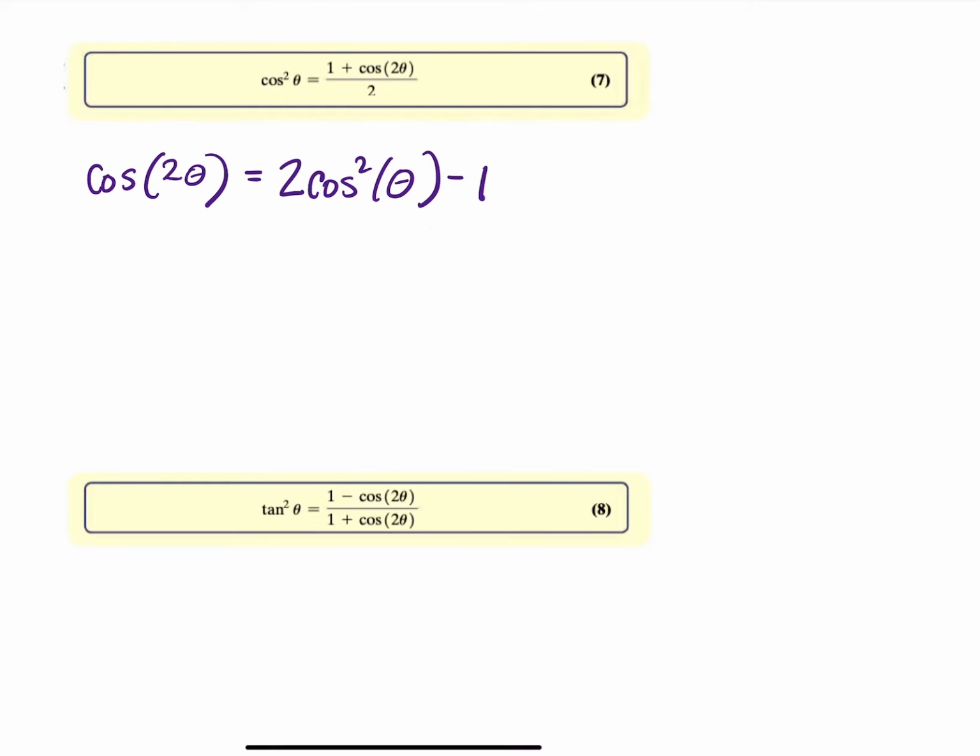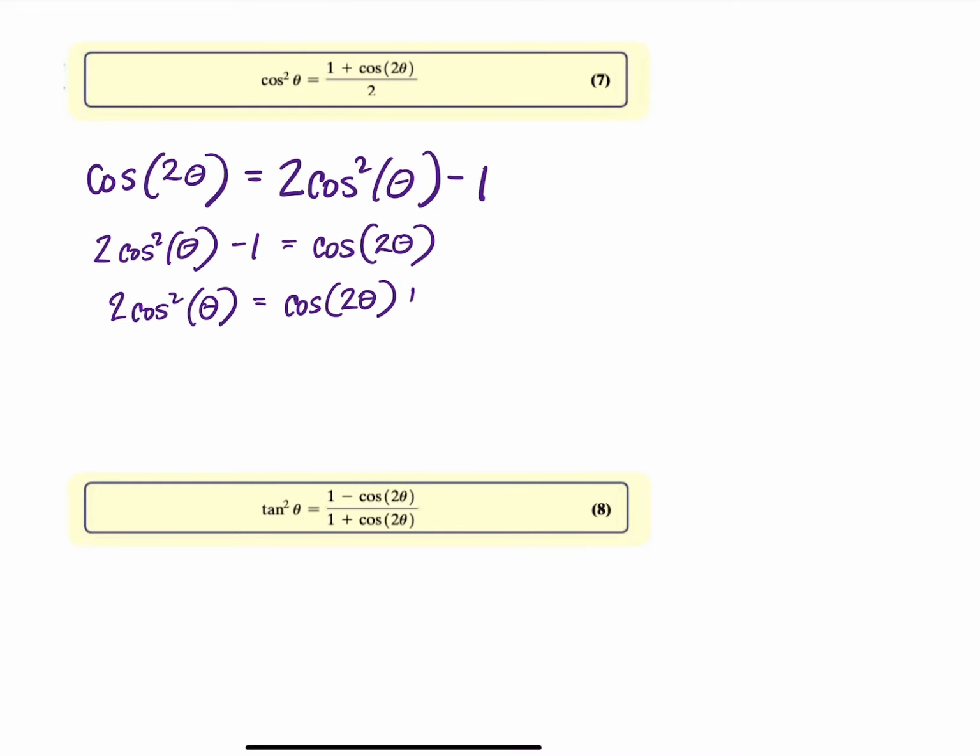Let's just flip this around to start with. We can say 2 cosine squared theta minus 1 equals cosine of 2 theta. I can add 1 to both sides, and then divide by 2. So cosine squared of theta can equal cosine of 2 theta plus 1 over 2.